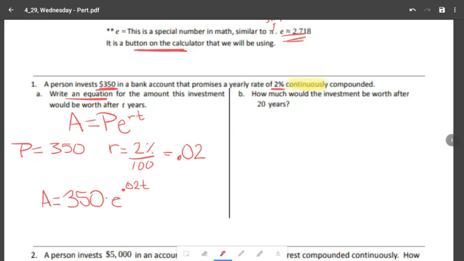Part B now says how much would the investment be worth after 20 years? This is our t value. We are going to make t 20. So we are going to plug in the 20 for t, and type this straight into the calculator.